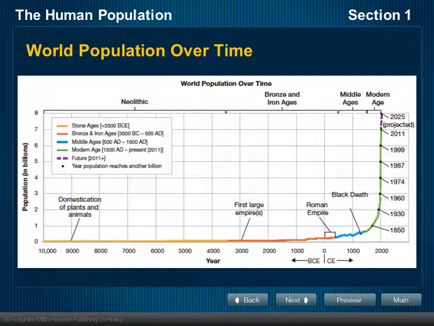This graph lays this out. You can see between the years of 10,000 and 3,500 BC, the population generally remained steady, well under 1 billion. And as we entered into the age of the empires, that orange line there, you start to see a little bit of an increase, especially as you move into the era of the Greek and then the Roman Empire between 1000 and 0 BC, and certainly we see a jump in population there.